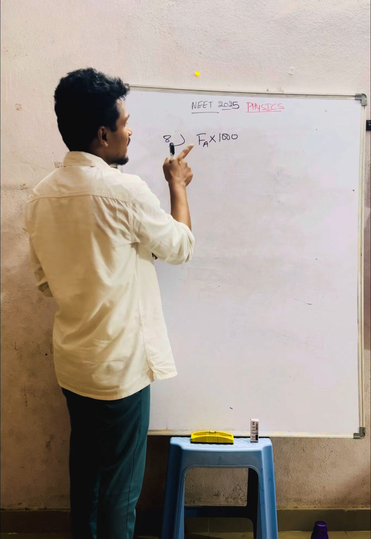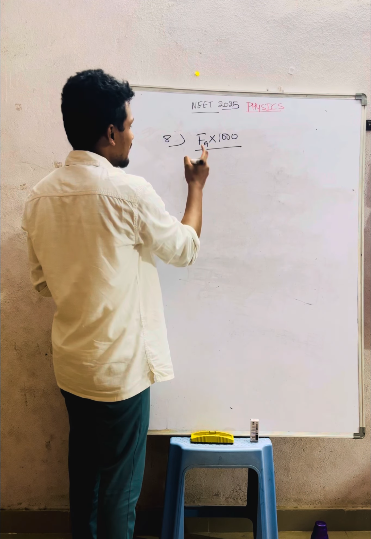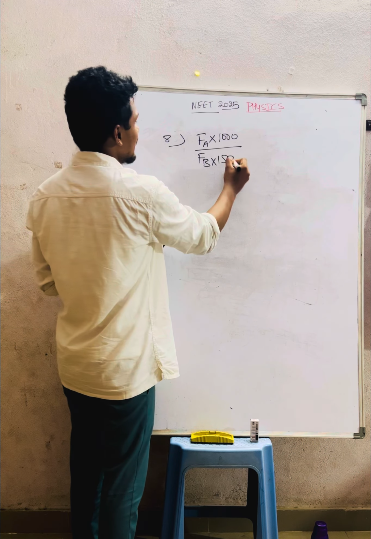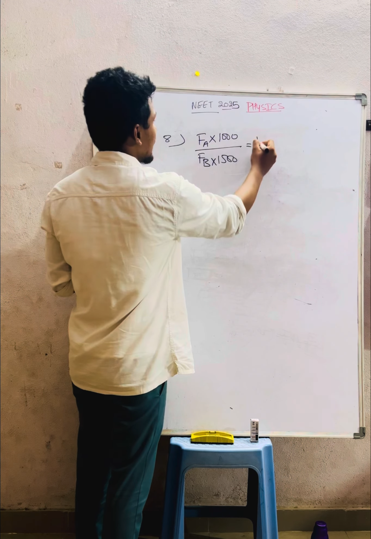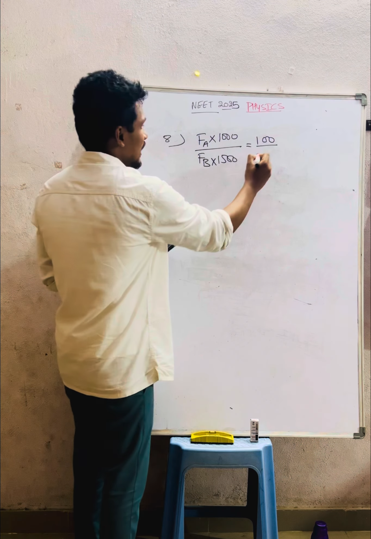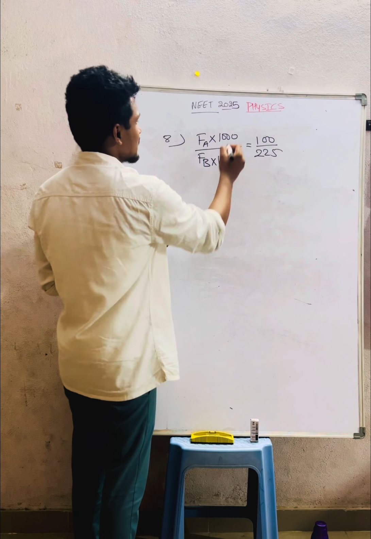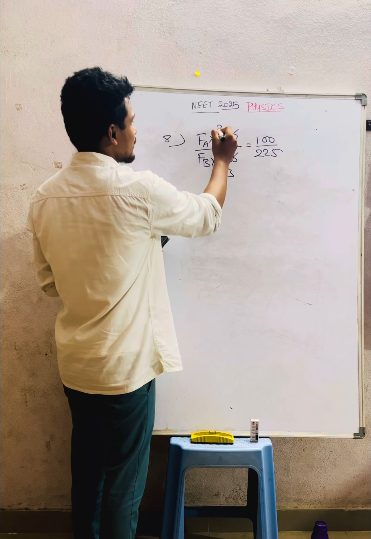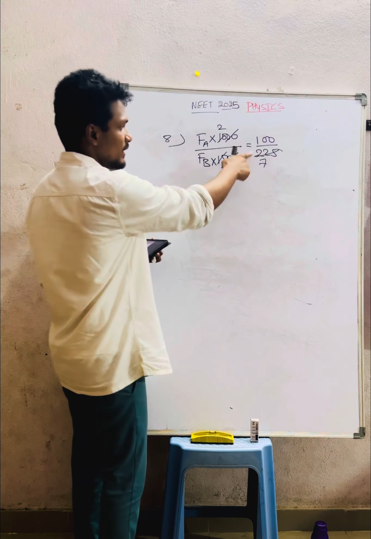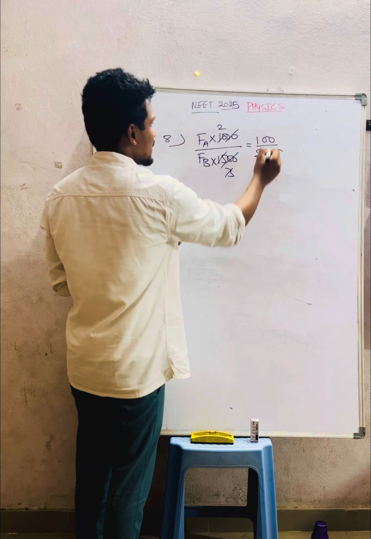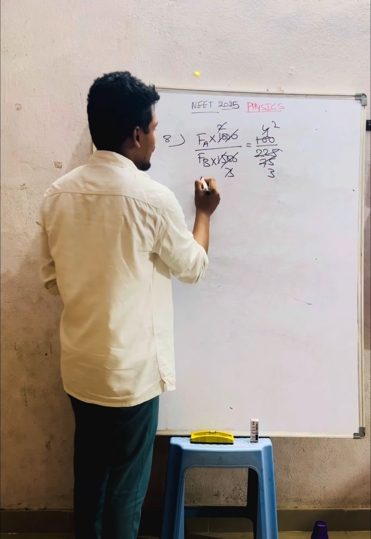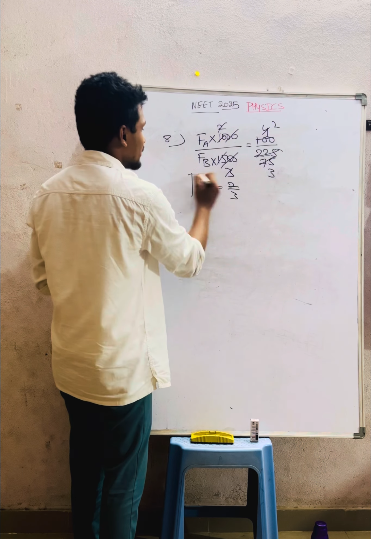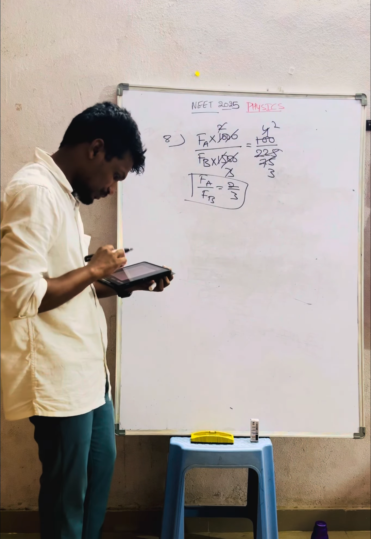This is the work done, because work done is force times displacement. The work done by B is FB times displacement, 1500, which should equal 225. The 2 gets cancelled, and simplifying, FA upon FB turns out to be 2 upon 3. This is your first option.